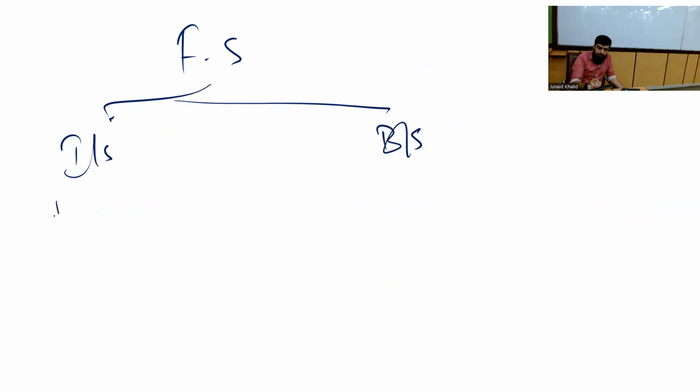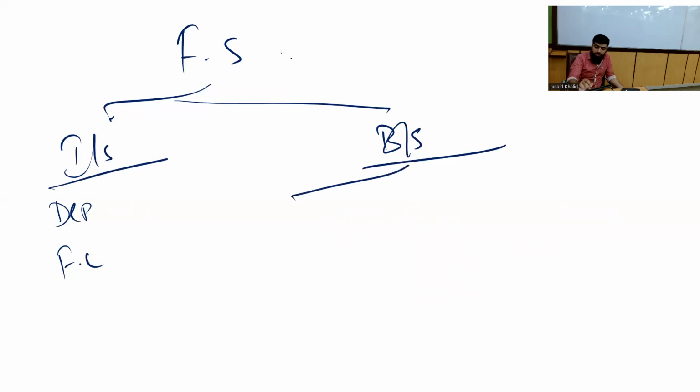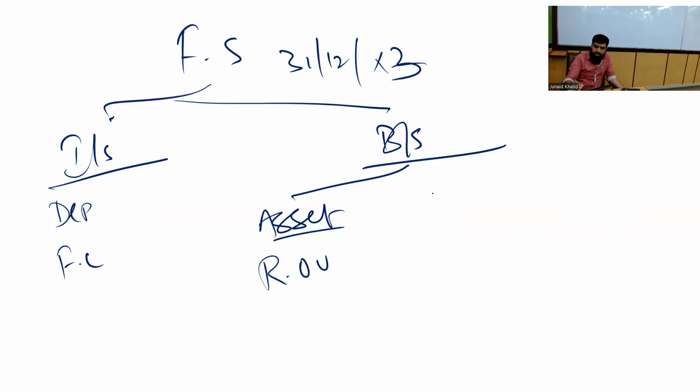In the income statement, we are going to record the depreciation and the finance cost as an expense. In the balance sheet, on 31st December 2003, we are going to recognize the asset, that is the right of use asset, and on the liability side, we are going to recognize the lease liability, and the lease liability would be broken down into the current liability and the long-term liability.